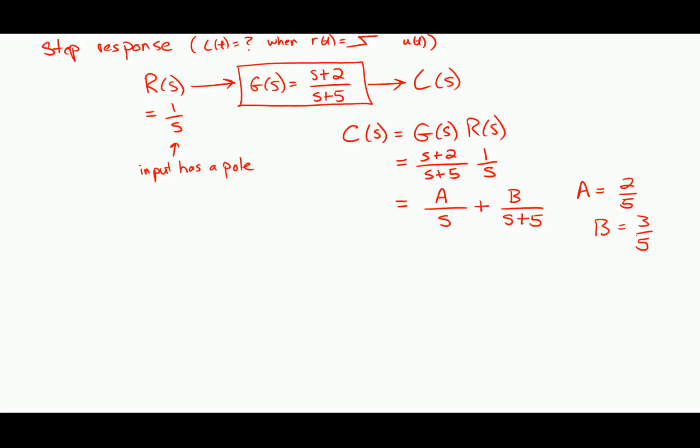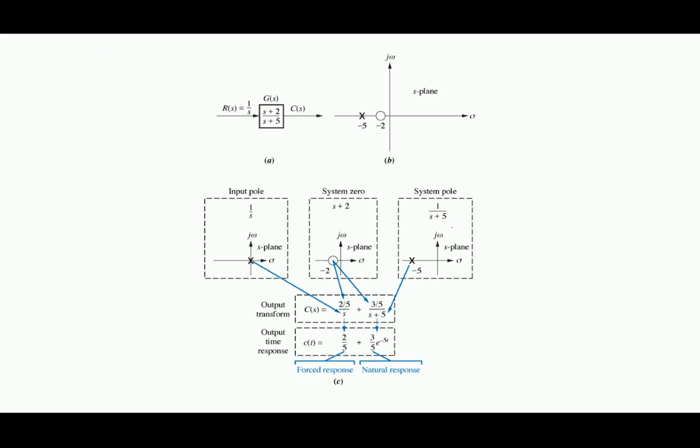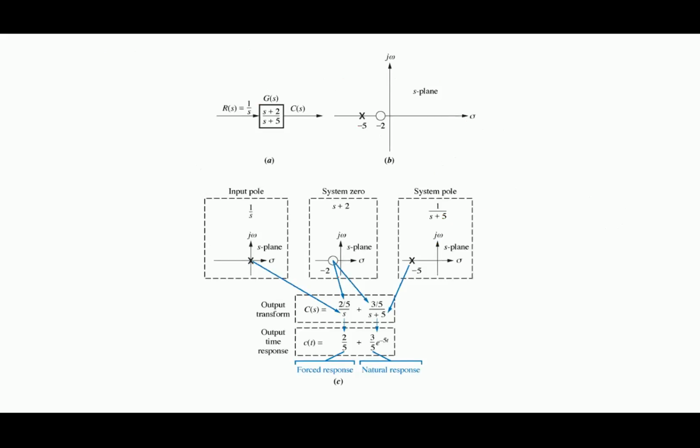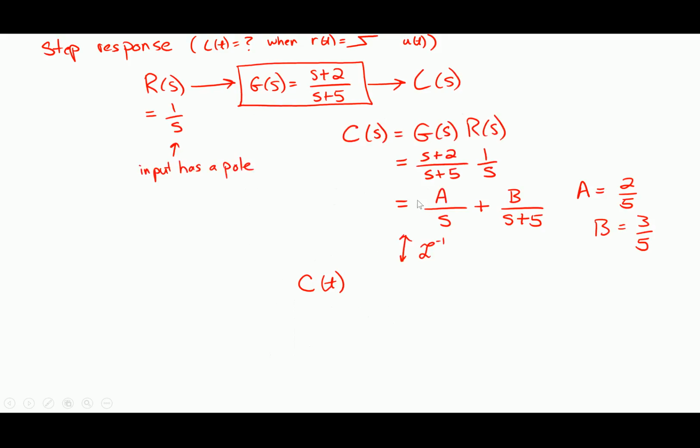What that ultimately means is that as I go through the inverse Laplace, I get c of t. I go through an identification process and I say, well, this thing right here is the Laplace transform of a step function. This guy is the Laplace transform of a decaying exponential.